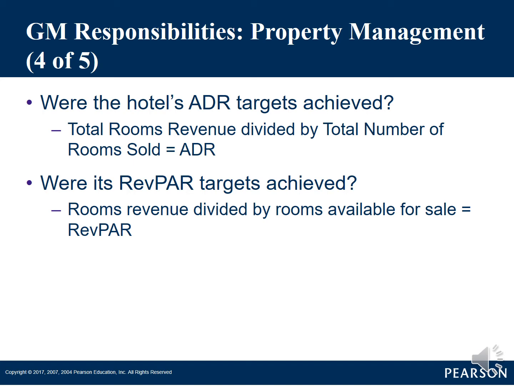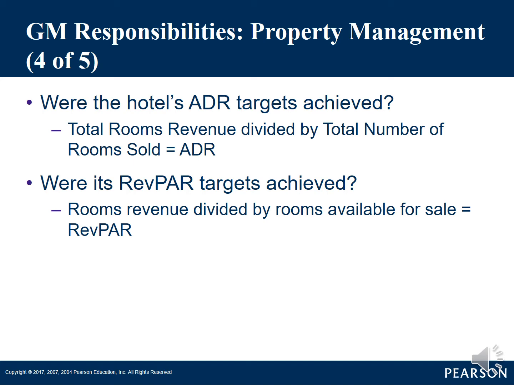Now, RevPAR is the revenue per available room. So the room revenue, same as the one from the first example with the ADR, the same number, but this time you're going to take it and divide it by the total number of rooms available for sale. Just because you have 100 rooms on property doesn't mean that every single time you calculate RevPAR, it's going to be divided by 100.